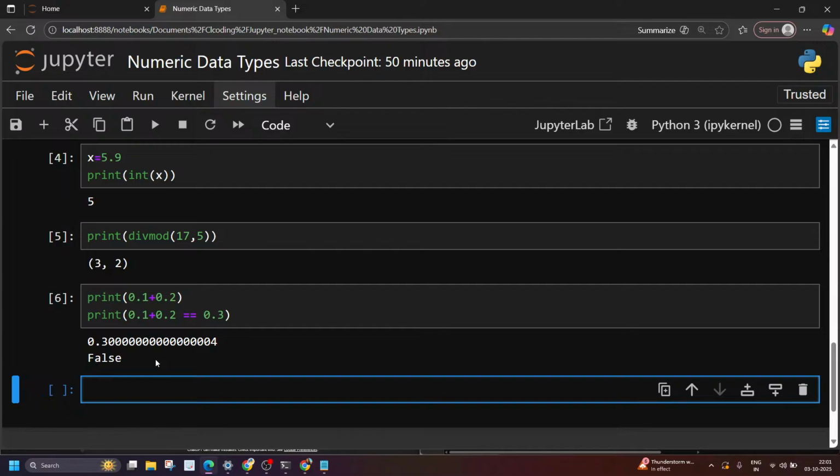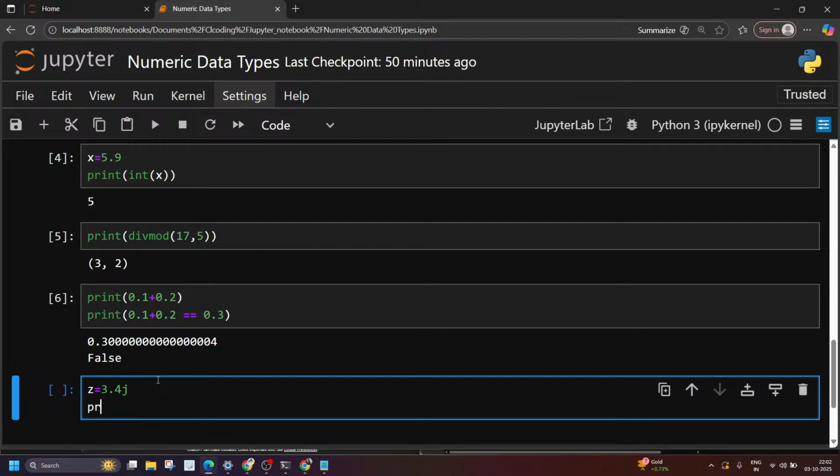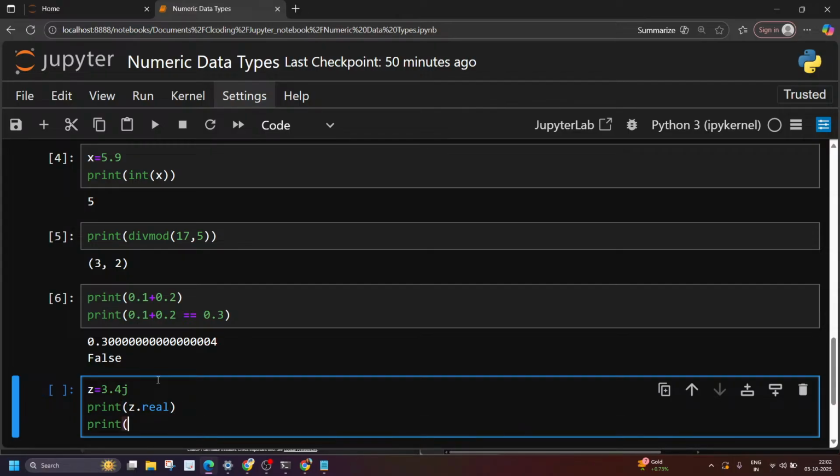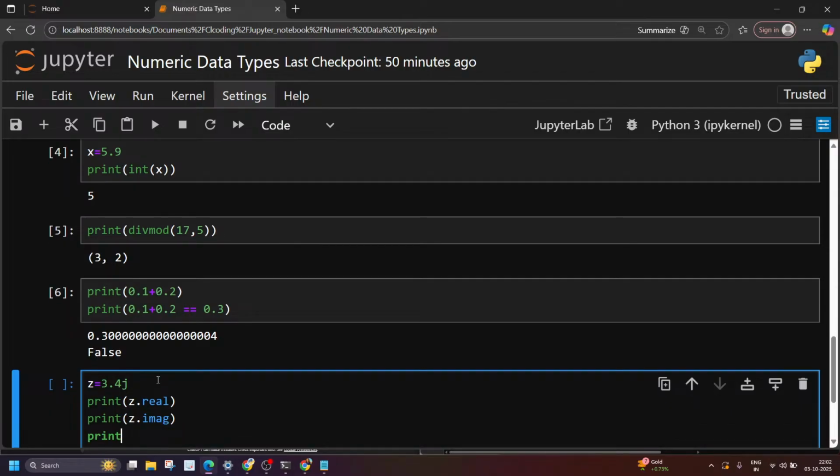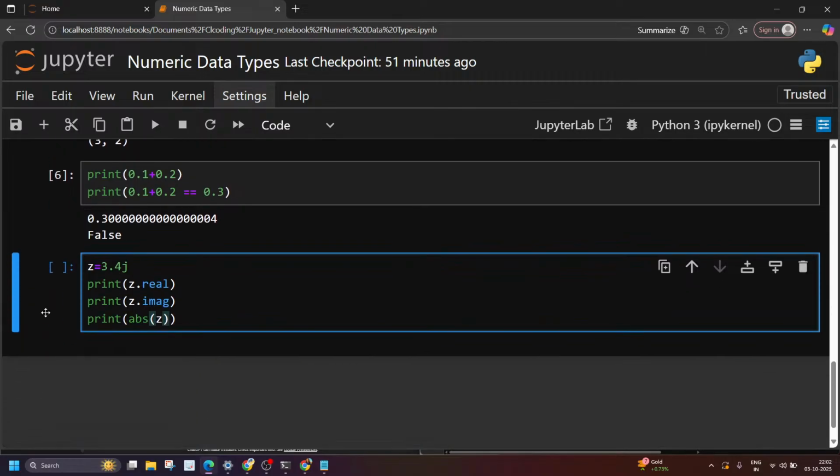And now we'll move on to another topic, which is complex numbers. Okay, so now this is another example of complex number.